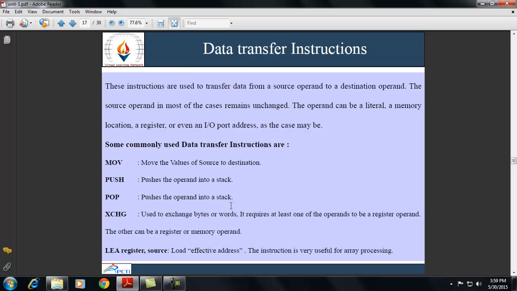You can see some commonly used data transfer instructions like MOV, which moves the value from the source to destination, PUSH, which pushes the operand onto the stack, POP, which pops the operand from the stack, XCHG to exchange the values of 2 locations, and load effective address, that is LEA, and this instruction is very useful in array processing.